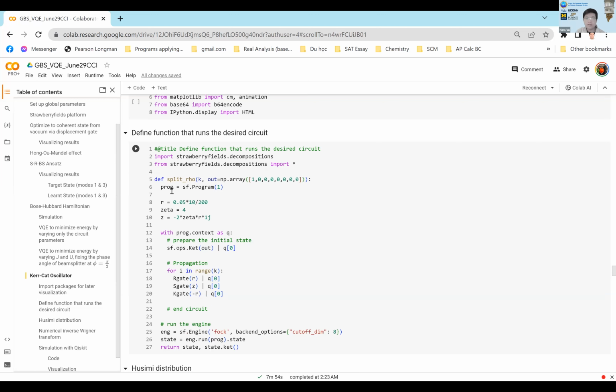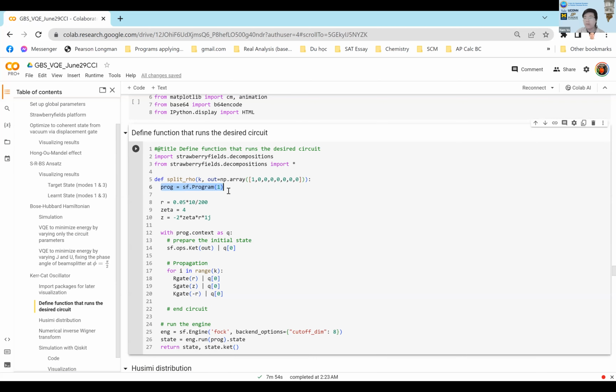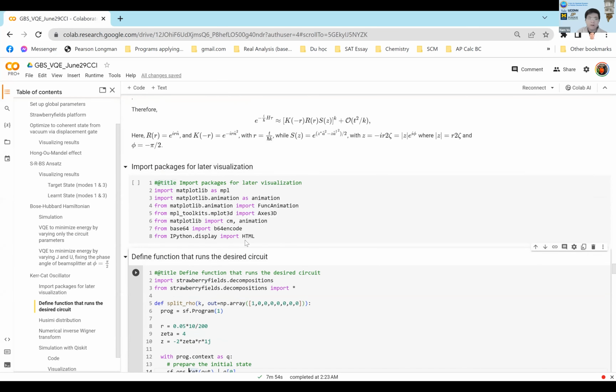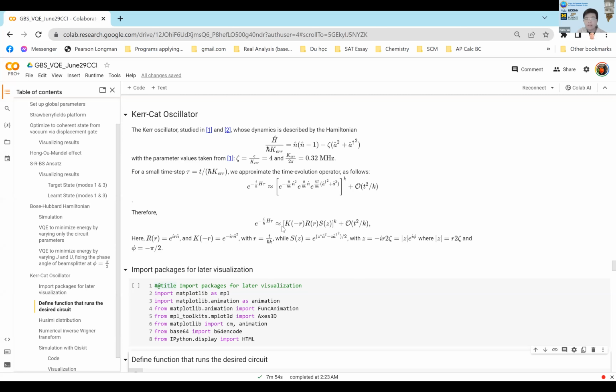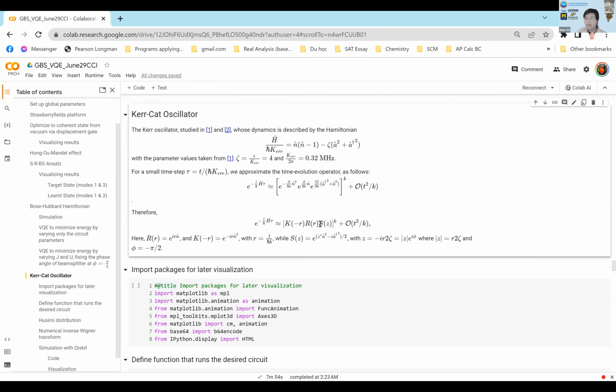So first, to run the circuit, you need to declare the program with the number of modes that are needed, right? So here I'm only requesting 1 mode. Then I pass the parameters onto the quantum circuit that I was looking for, right? So the 3 gates that we need for each layer are the Kerr gate, the rotation, and the squeezing gate.